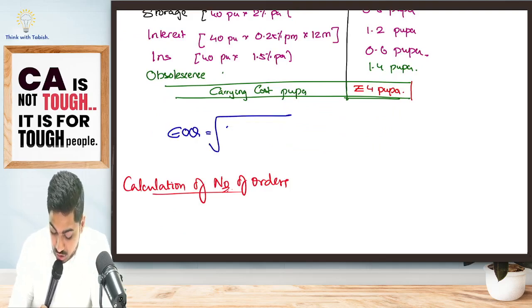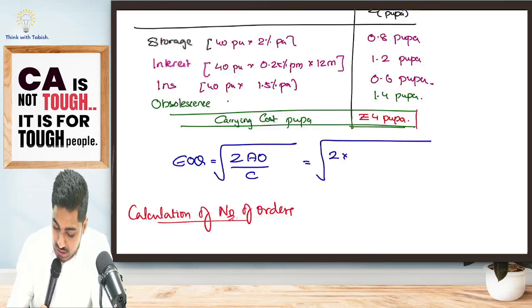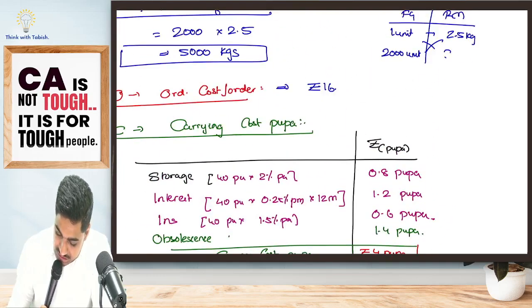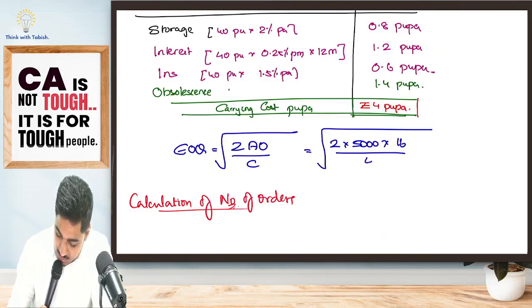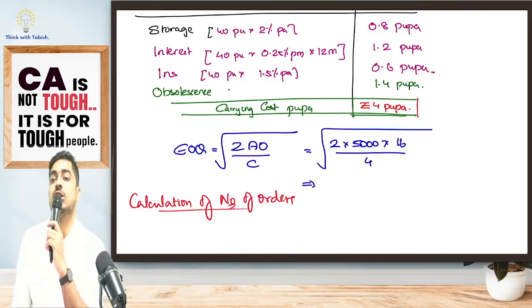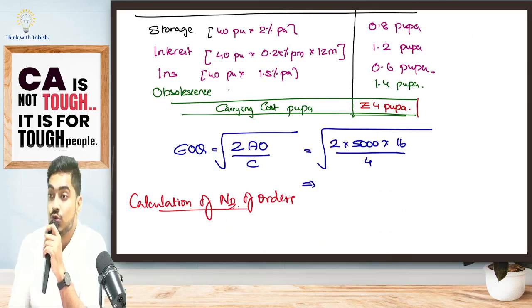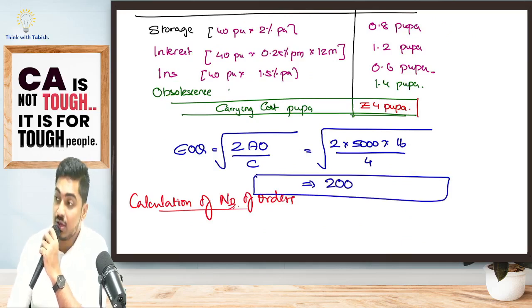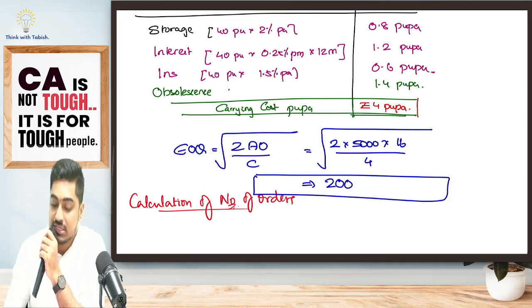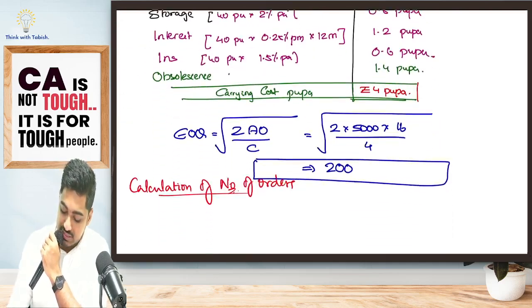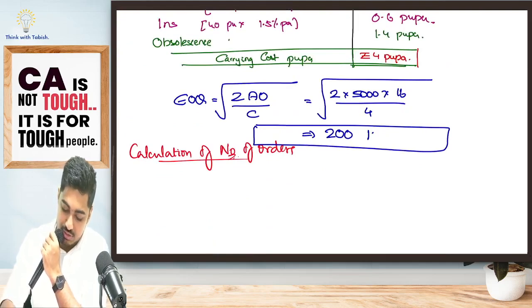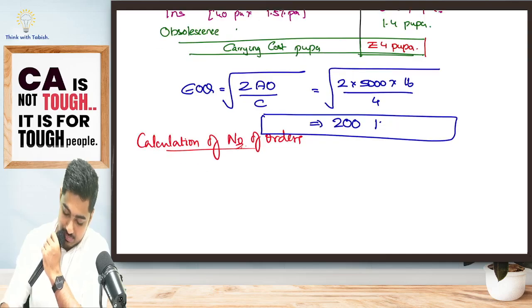It is the square root of 2AO divided by C, which is 2 into A, which is 5000, into O, which is 16, divided by C, which is 4. Can you guys tell me what is my EOQ? 200. 200 what? Kgs, because my raw material is in terms of kgs. So every time I should be buying 200 kgs. Yes or no, everyone? Is this clear? Perfect.